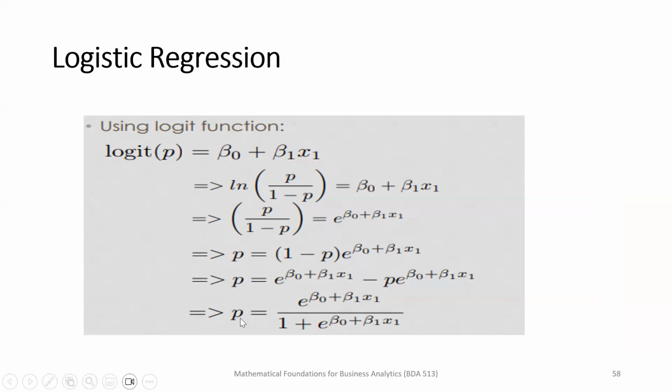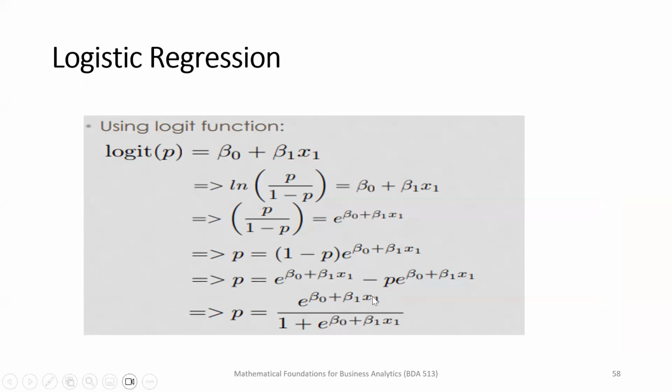So the probability of determining whether an event occurs or does not occur is the last one. The probability here is equal to Euler raised to the power of the regression equation. If it's a multiple regression, you are going to have B1, B2, B3, and so forth. It doesn't matter. So this one will be in terms of logistic regression.